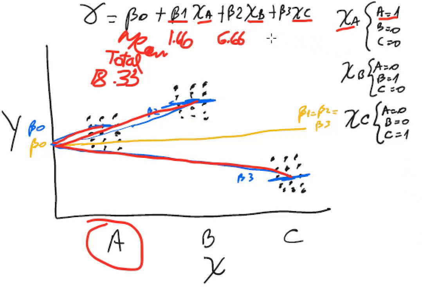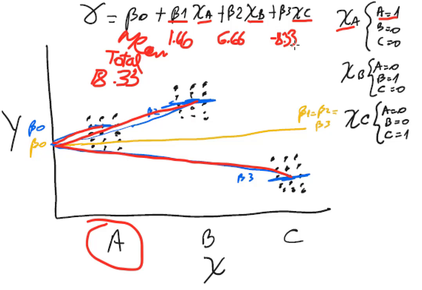So beta 3 is minus 8.33. And if you add all these betas, 1.66 plus 6.66 minus 8.33 should be 0. They should cancel. Okay, so let's do the same.